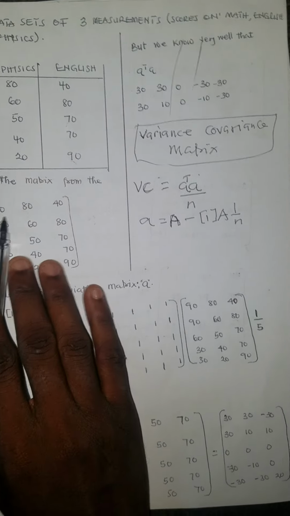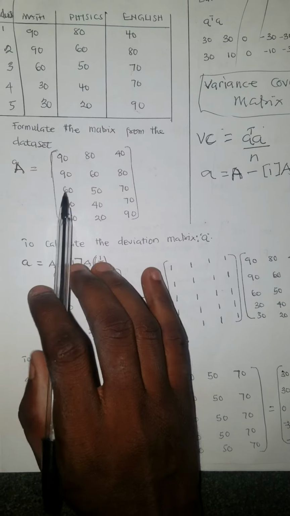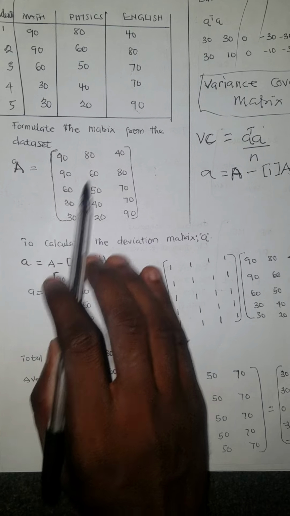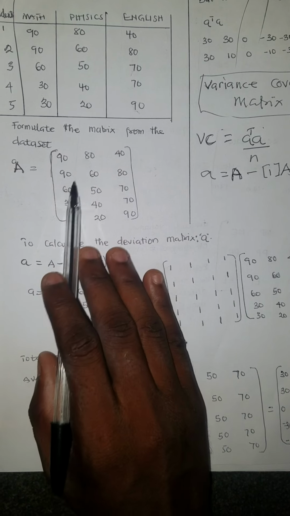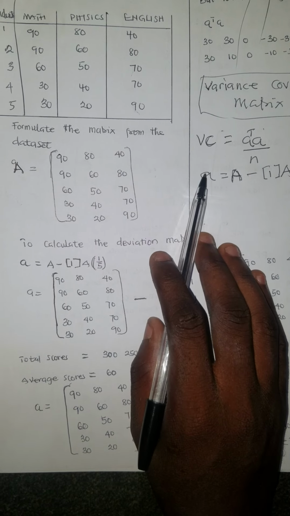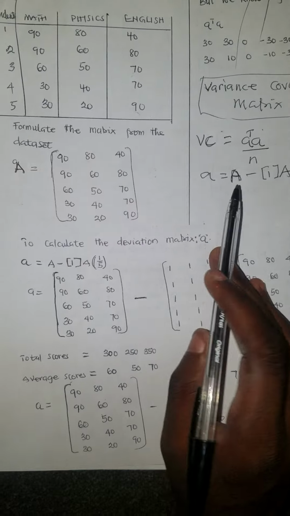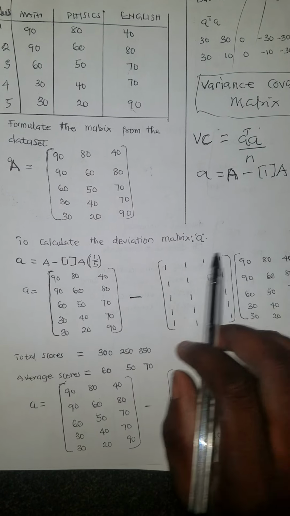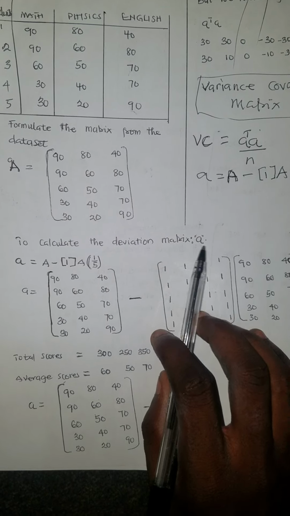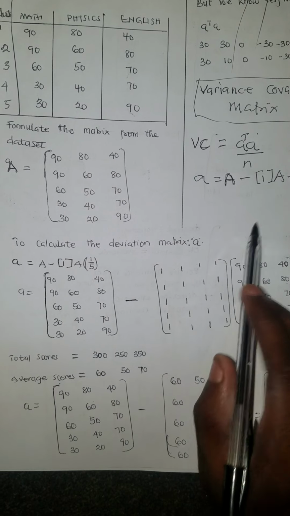So this is the matrix we had from the data set. That is 90, 90, 60. Formulate the matrix from the data set. 90, 90, 60, the column. 3 columns, and then about 5 rows. To calculate the deviation matrix, this is what we do. This is the formula for the deviation matrix I've stated here.